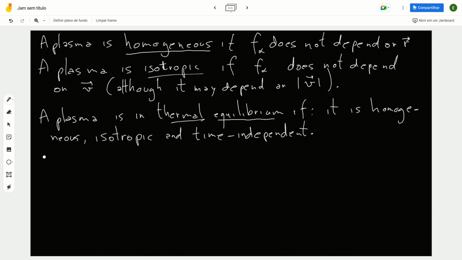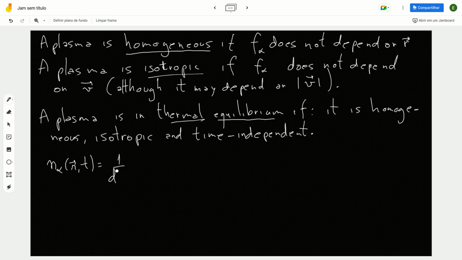Now let's define a few other quantities. The number density and the average velocity. So the number density n alpha is a function of just position and time.